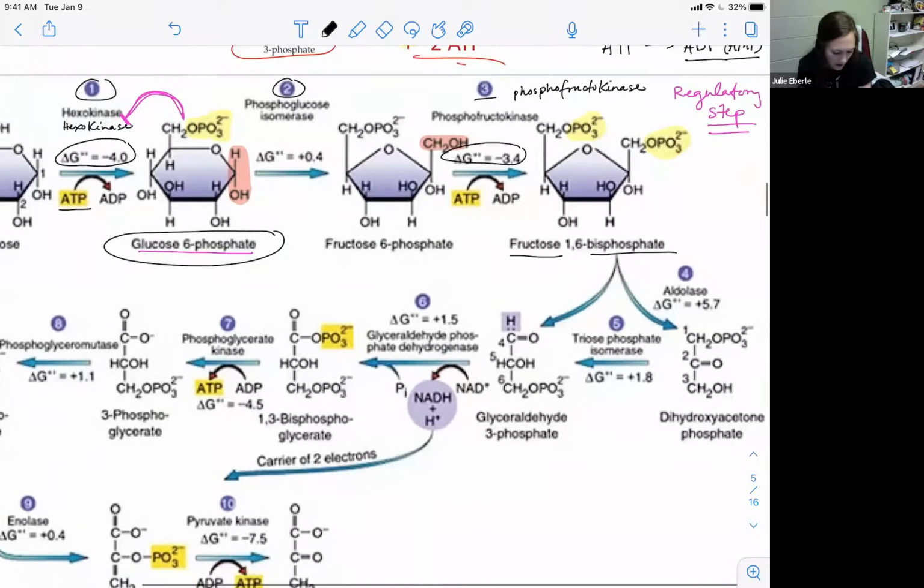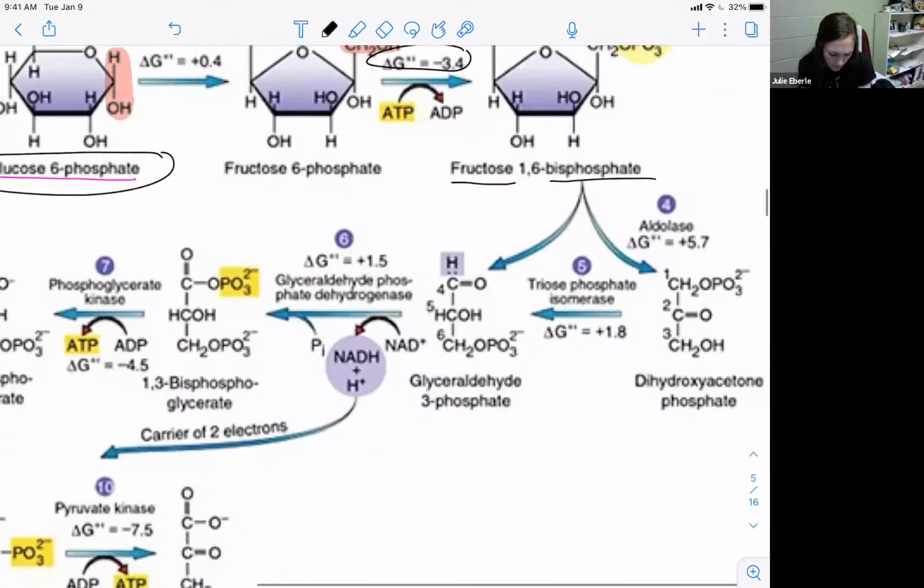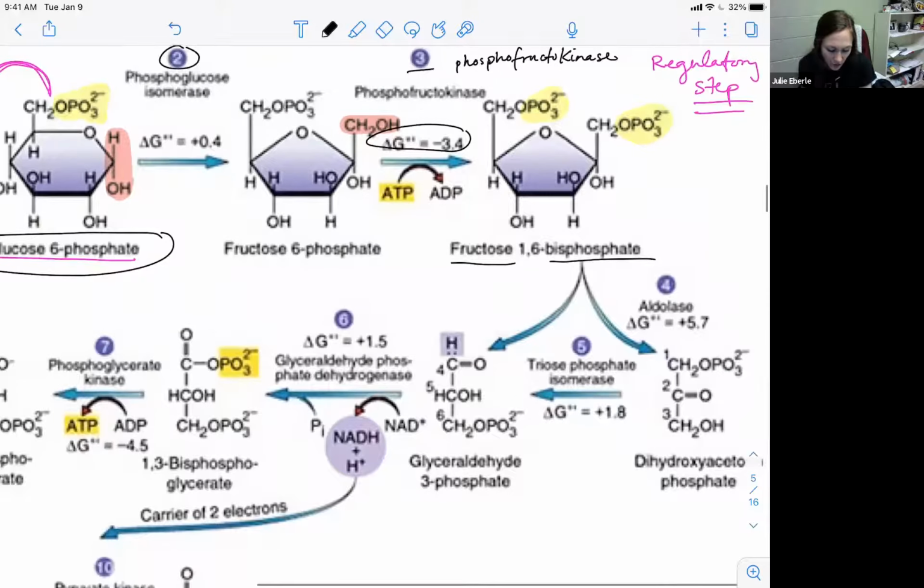All right, let's keep going. So now steps 4 and 5. So we're now going to take fructose 1,6 bisphosphate, go back to red, and we're going to cleave it into 2 products. So we're going to like cut it down the middle, okay? This won't be a perfectly straight line, but we're going to cleave this in half basically. And we're going to end up with 2 slightly different products.